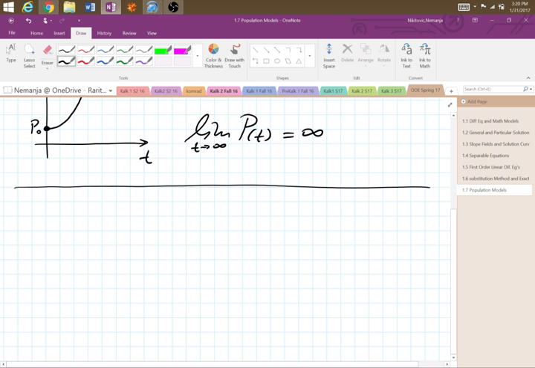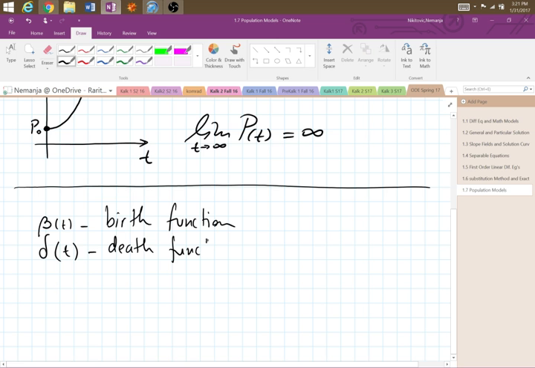So what we get is that we're introducing beta, I call it birth function, and delta, death function. Because those are not constant, right?